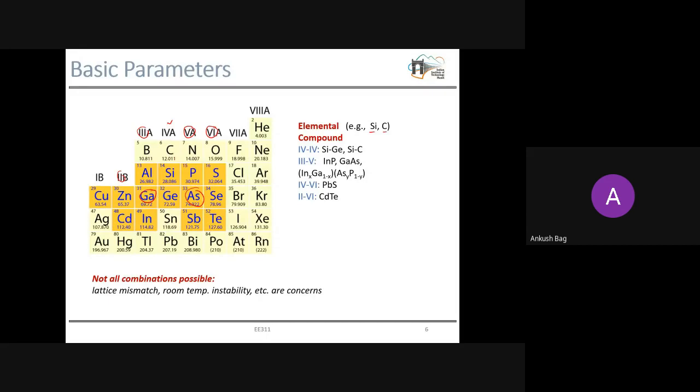Now you can have a semiconductor where you have 25 atoms aluminum, 25 gallium, and 50 arsenic. That means you will have a material like aluminum gallium arsenide. So this is called AlGaAs. Here we have 2 group 3 materials and 1 group 5 material.